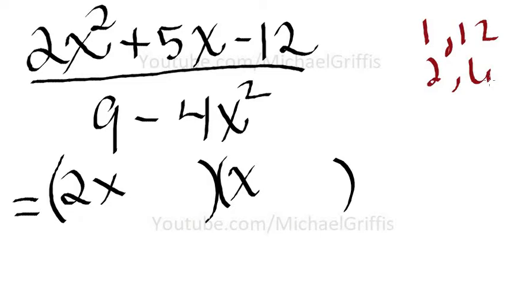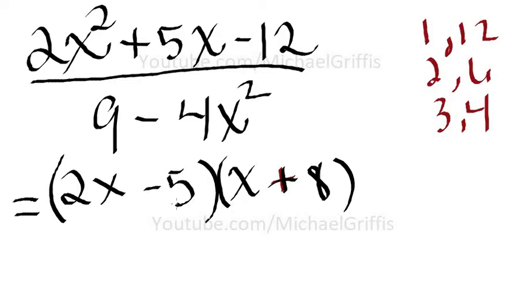And 2, no, can't be that. What else we got? 3 and 4. 3 and 4, that's 8. 8 and 3 is 5. Aha! Whoops, wrong color. 2x times 8 is, wait a minute, no, that's 16.